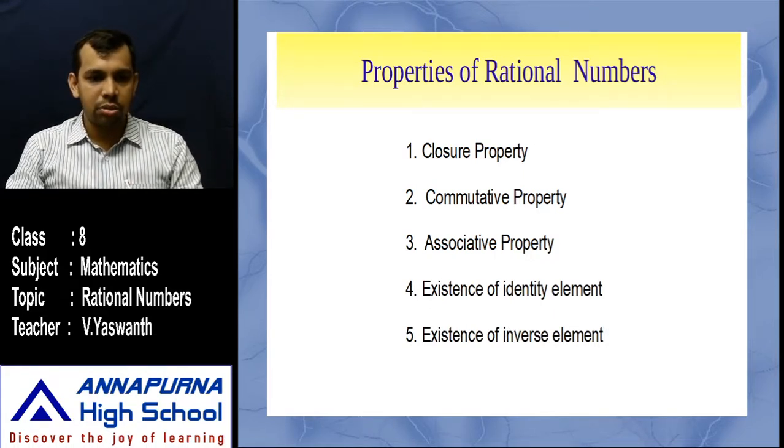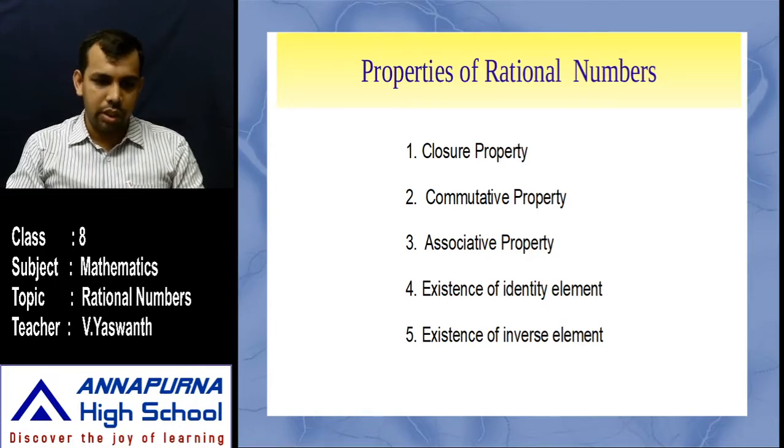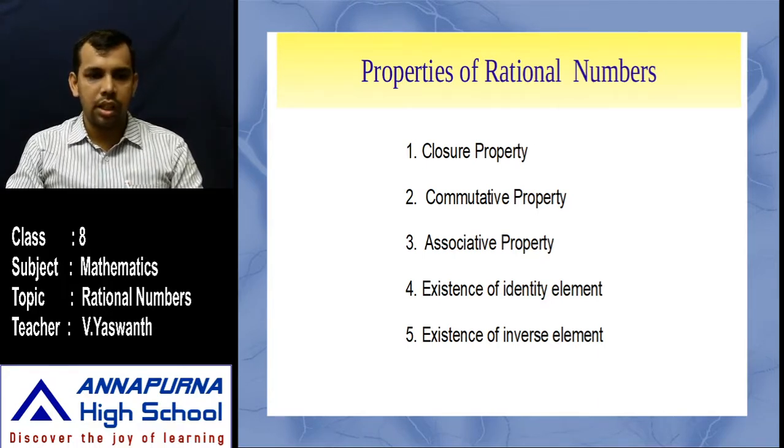These are the 5 most important properties in our number system, and we have one more property, the distributive property. I am not presenting the distributive property here; we discuss it in the next video. Don't worry about that. Mainly we take these 5 properties as the important ones. Now let us verify whether the collection of rational numbers satisfies these properties or not.